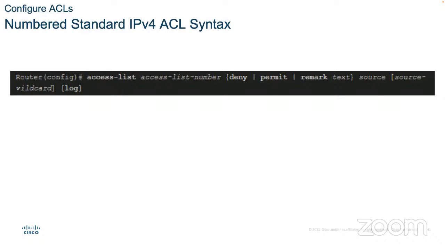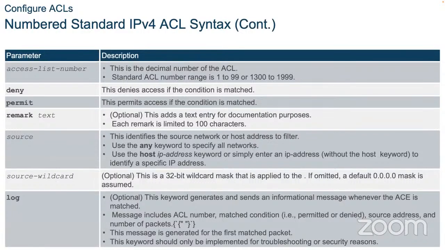If you wanted to create a numbered standard ACL, you would use this command shown. If you do no access-list and then the number for it, then you could remove that ACL. This table here shows you a detailed explanation of the syntax for a standard ACL.